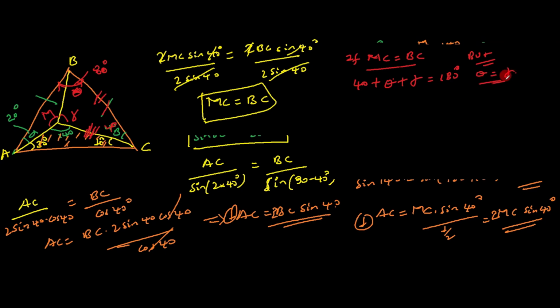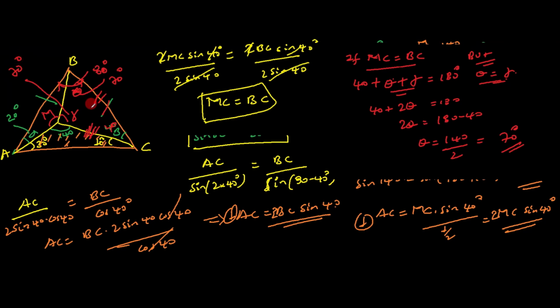Then 40 plus 2 theta is equal to 180 degree, 2 theta is equal to 180 minus 40, theta is equal to 140 over 2, which means 70 degree. So this value is 70 degree and this one is 70 degree.